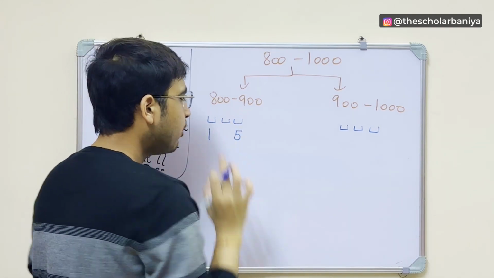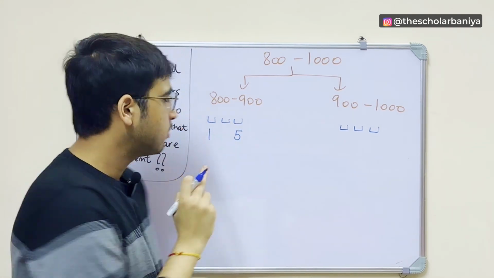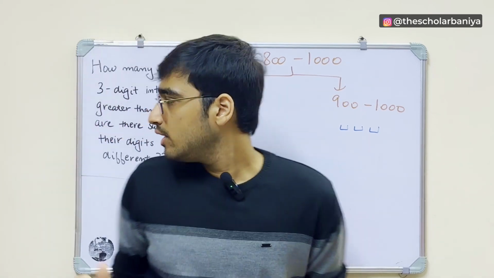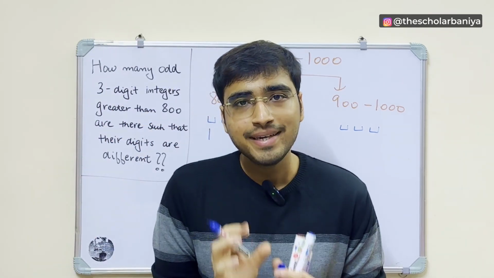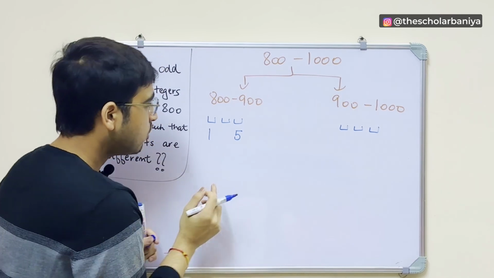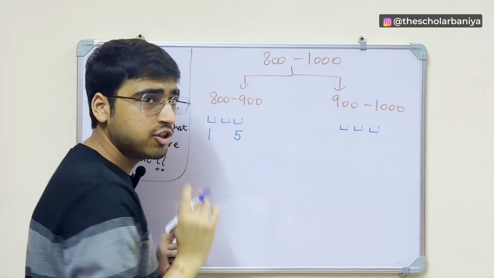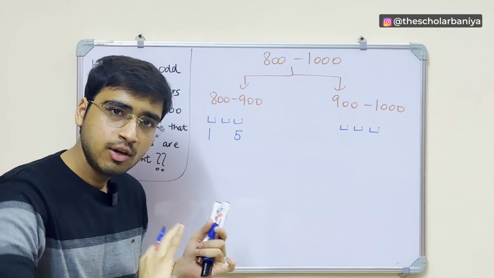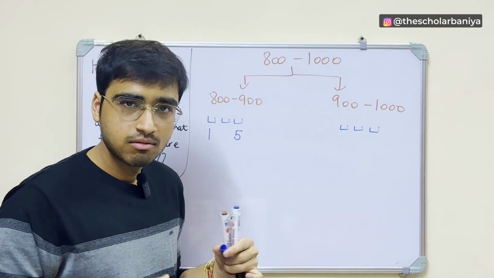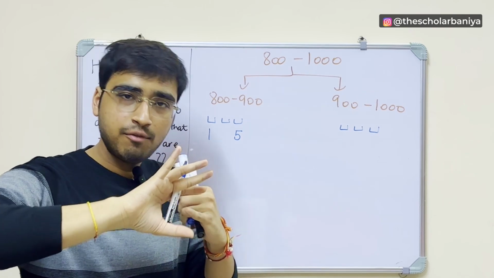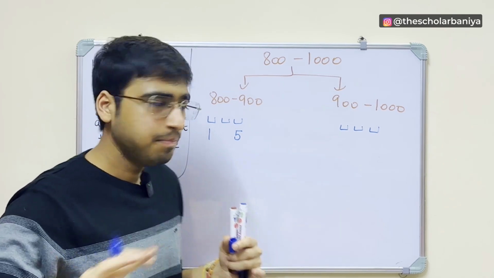Now for the middle digit, how many options do we have? We know that all the digits should be different. So we will have one digit over here and one digit over here, and in total we have how many digits? 10, starting from 0: 0, 1, 2, 3, 4, 5, 6, 7, 8, 9. We have a total of 10 digits in the number system.